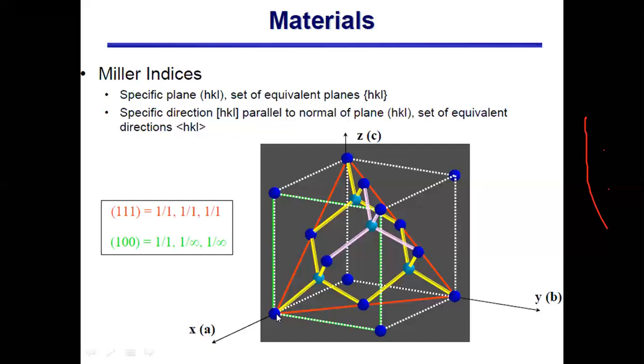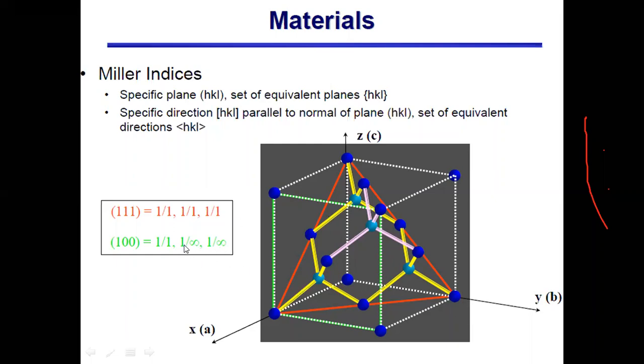For the Miller index, we take the reciprocal of the value where the plane is cutting the axis. So the reciprocal of 1 is 1 by 1. This plane is not intersecting the y-axis and not the z-axis, so we could say it cuts at infinity.